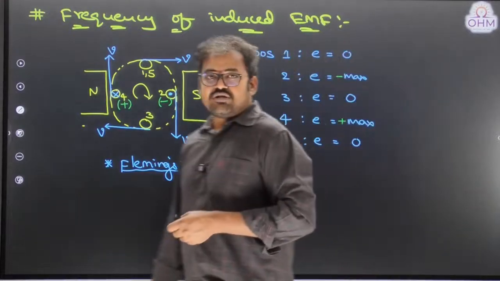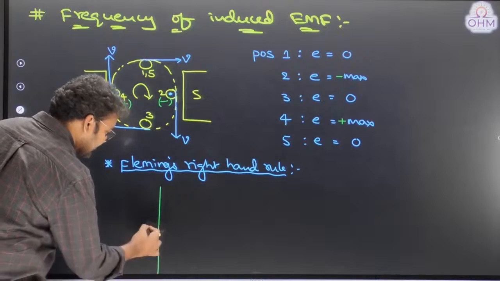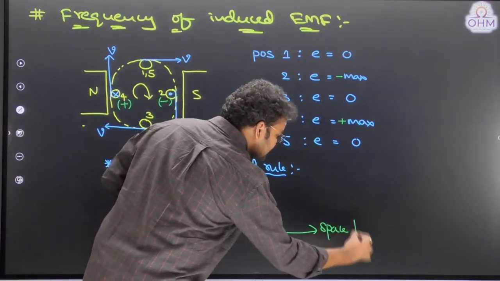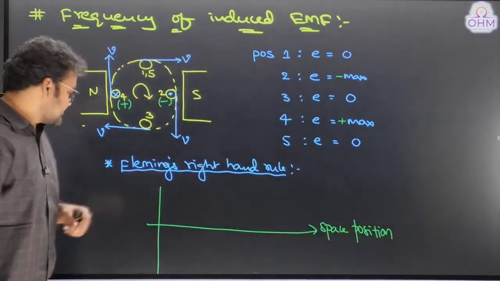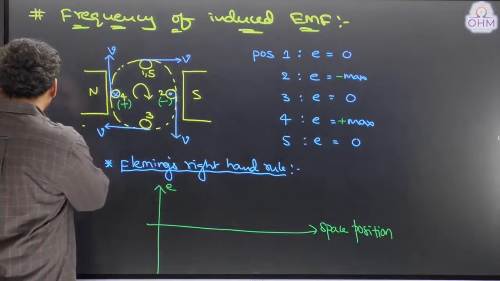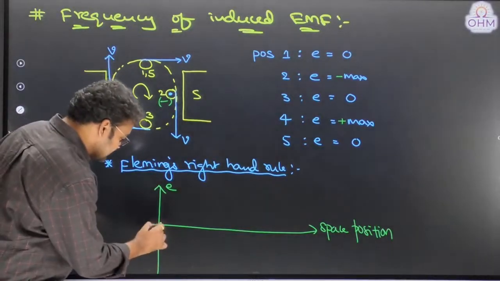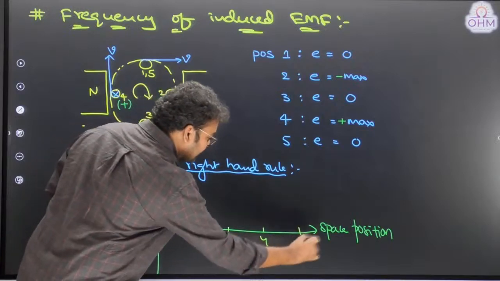Now let us draw the waveform for the induced EMF. I am taking the position of the conductor, that is what we call the space position of the conductor, on the x-axis, and I am taking the EMF on the y-axis, and we have how many positions, guys? Overall 5 positions are there. Let us say this is position 1, 2, 3, 4 and 5.